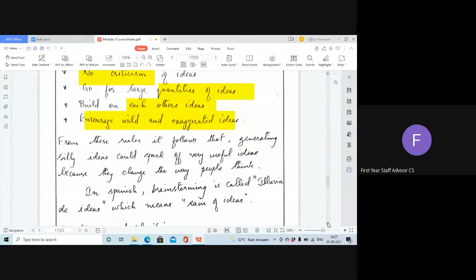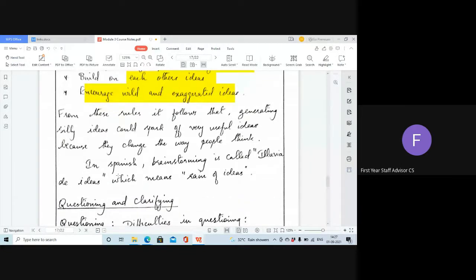In the Spanish language, brainstorming is called lluvia de ideas. It is a Spanish word for brainstorming. In English, we call it brainstorming, but in Spanish, they call it lluvia de ideas, which means rain of ideas.